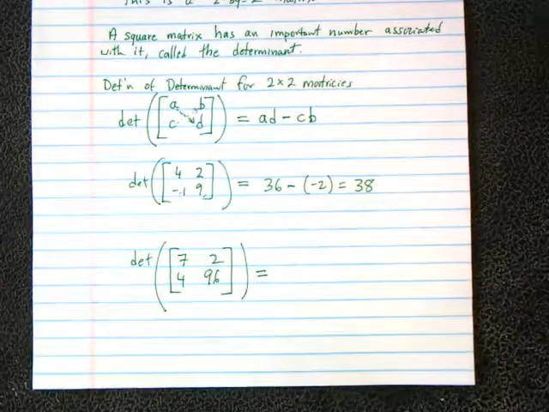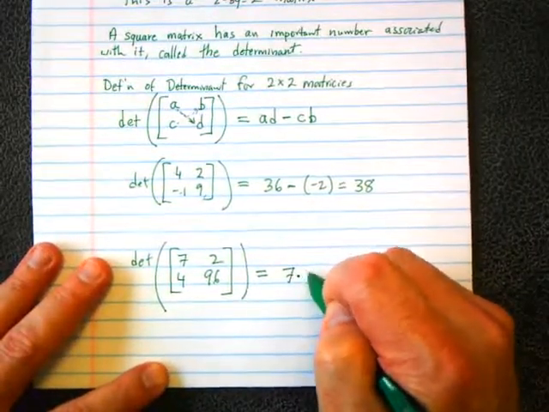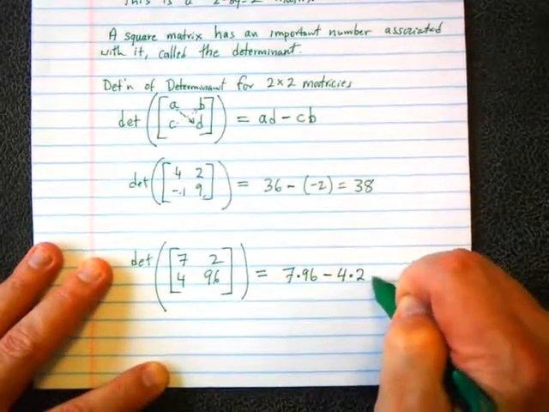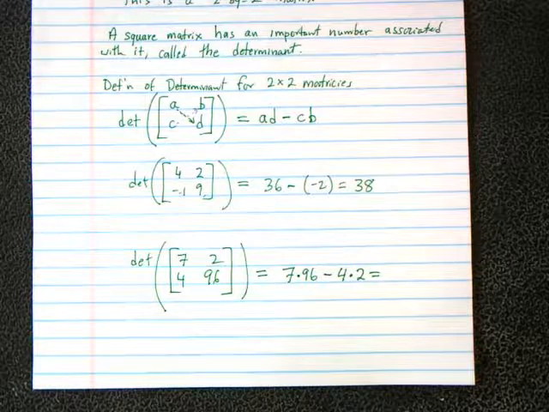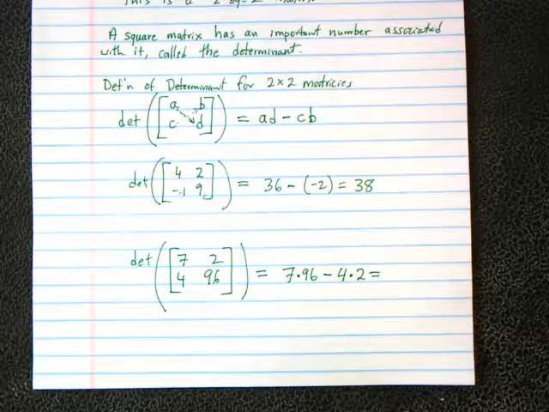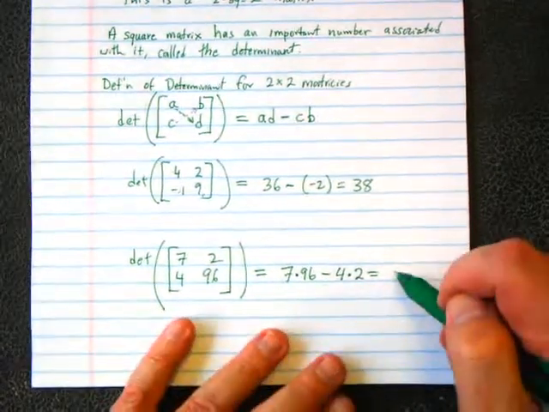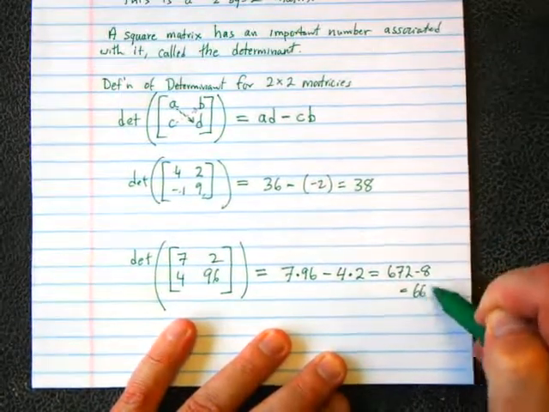So the determinant would be, I multiply diagonally. I take 7 times 96 minus 4 times 2. And I'm probably going to grab my calculator for that one because 7 times 96, that's somewhat large. I don't know what that is off the top of my head. 672 minus 8, which sounds like 664.